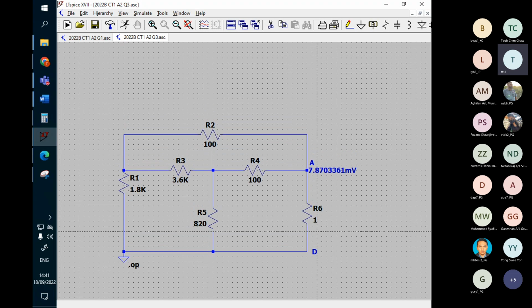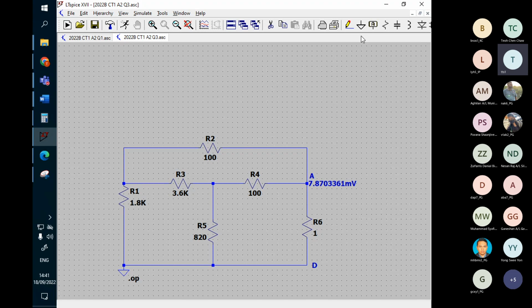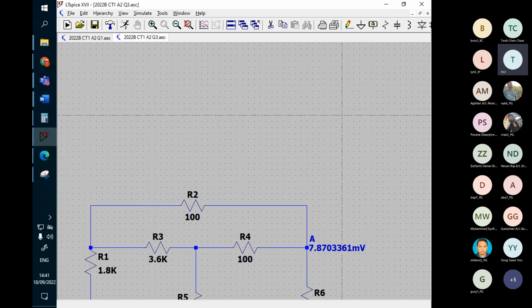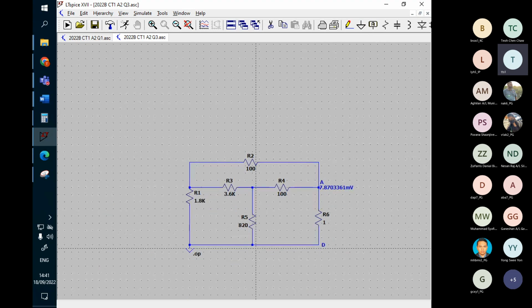Because just now we use the 1 ohm here to simulate the Ohm's law, so I don't think we need this 1 ohm anymore. We need to find all the resistance here. Looking from here, just like Thevenin, we want to see the total resistance. Looking into this terminal AD, what is the total resistance here? Okay, I think this is what we need to do.